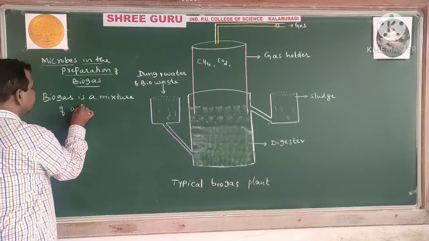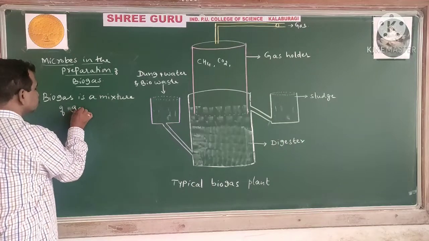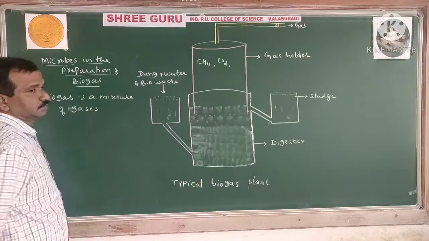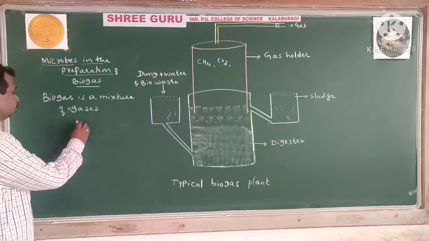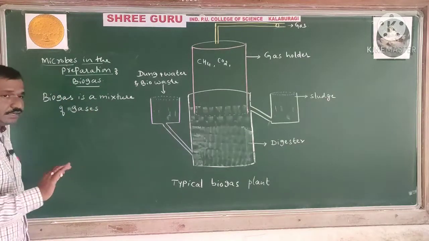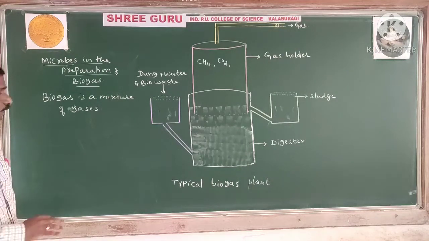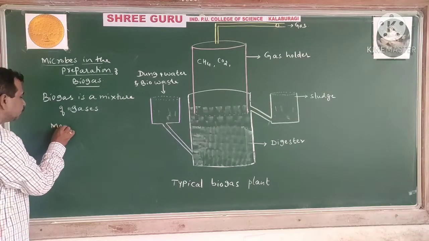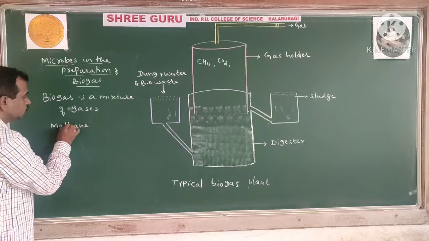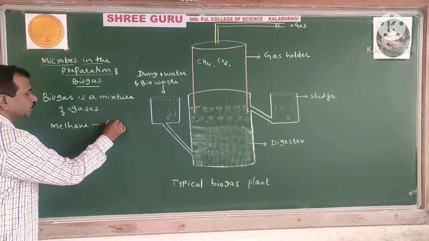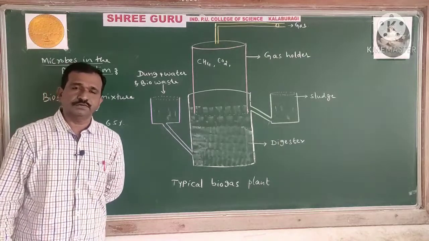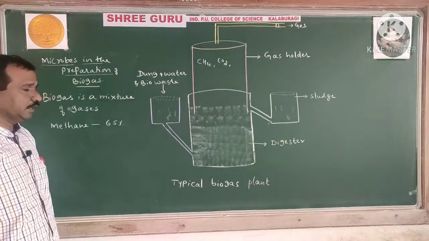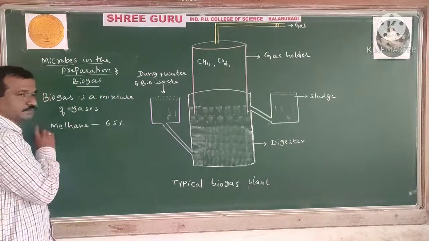So a mixture of gases means what kind of gases are found? The major part is methane gas, around 65%. 65% of the gas found in this biogas is methane gas.